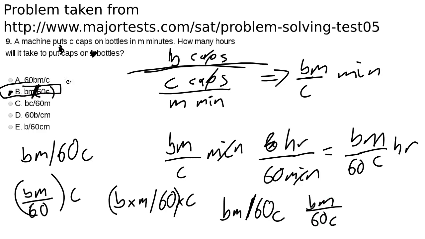Even though I don't like a couple things about the question. I don't like the way that they wrote the answer, and I think that they should have said how many hours will it take to put C caps on bottles, or they should have said a machine puts caps on C bottles. They've left me to assume that there's one cap per bottle, which seems like a reasonable assumption, but who knows?